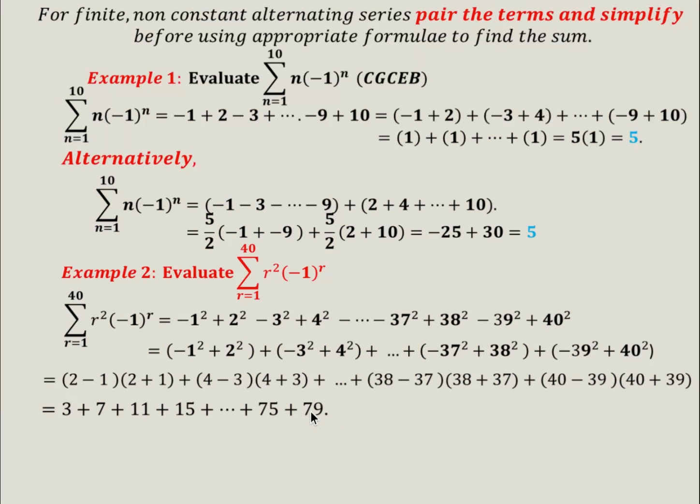An alternative to getting the number of terms, which is 20, is to use the last term and use the formula for the last term of an arithmetic progression, which will be a plus n minus 1 d, equating it to 79, and substituting a and d, you can still have your number of terms n equals 20.